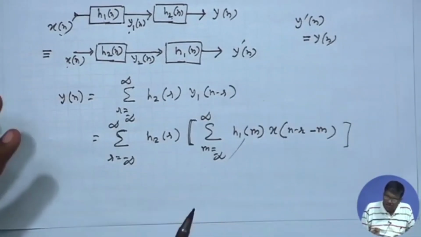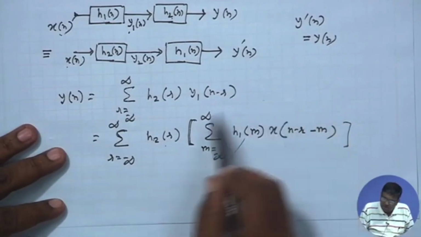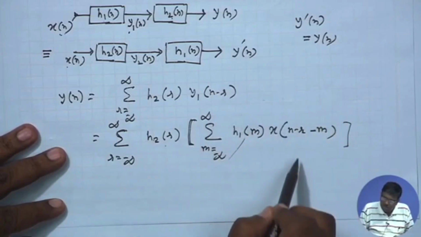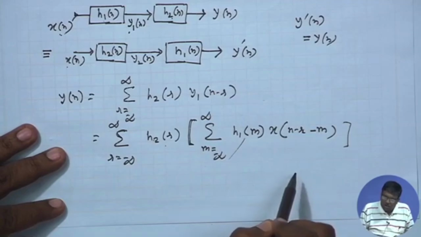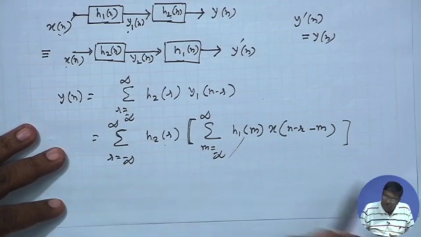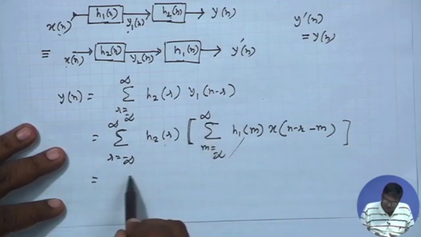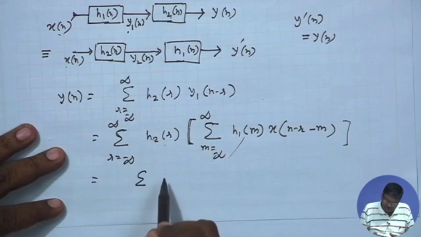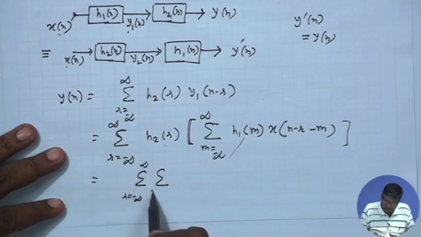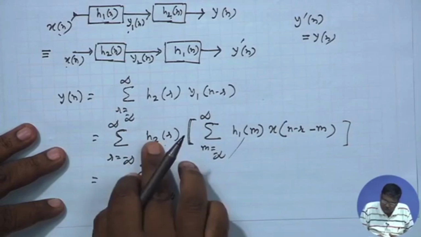So this is basically h 2 r, for which you are carrying out a summation. Then for another r, you are carrying out a summation, and putting those r's here. You can write it like this: you bring in h 2 r from outside.